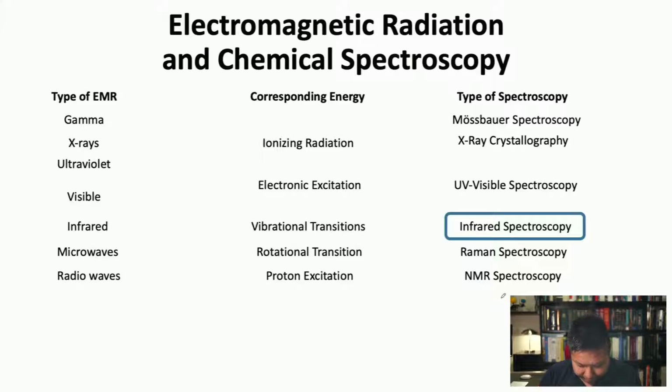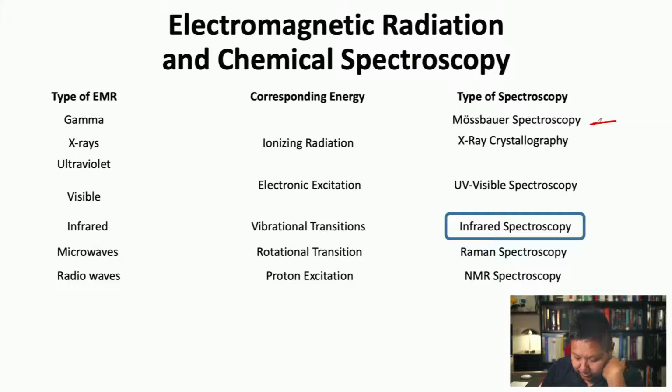So this is a list of different organic and inorganic chemical spectroscopy methods that we use to determine the structure of different molecules. We have Mossbauer spectroscopy up here, where we use gamma rays.